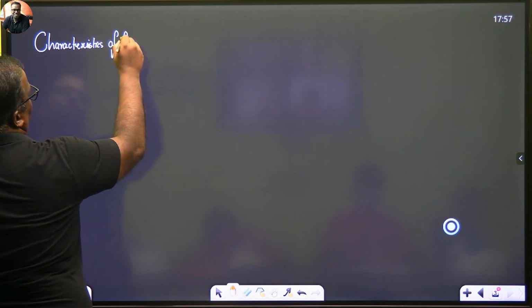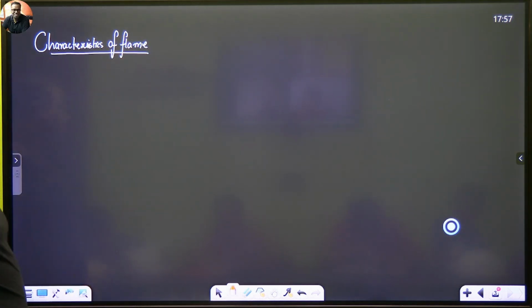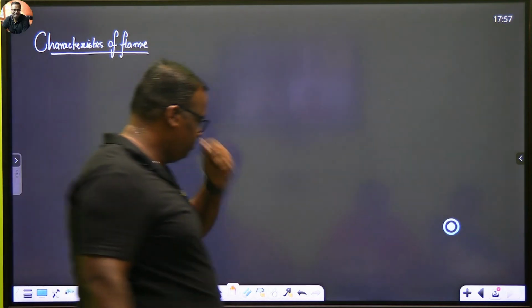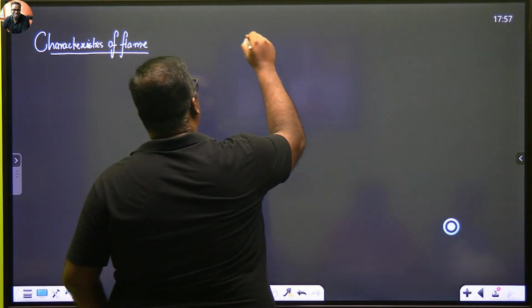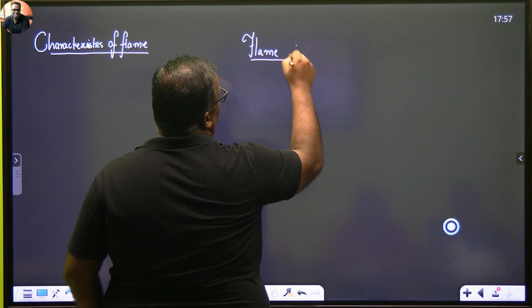Characteristics of flame. Okay, let's see characteristics of flame. Now, since we have understood what is a flame, right? So what is flame?